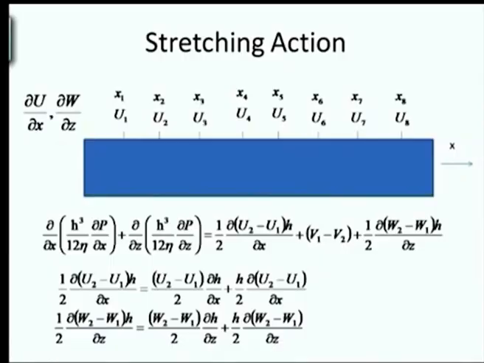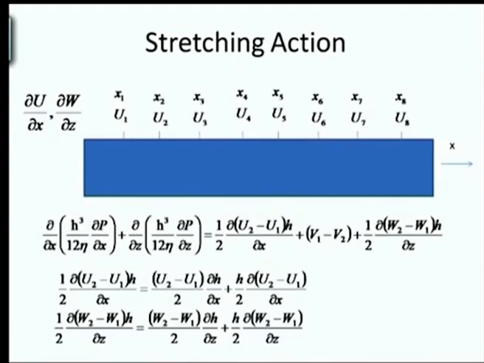So, this first term can be represented as a relative velocity divided by 2 and partial variation of h with respect to x plus, here h is not differentiated, so h by 2 and differentiation of u2 minus u1 with respect to x. So, one term is converted in two terms, and what is a stretching term is the second term. First term will be wedge action. So, this term has two components, one is a wedge term and second one is a stretching term.